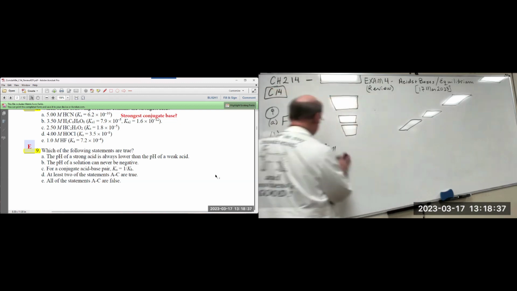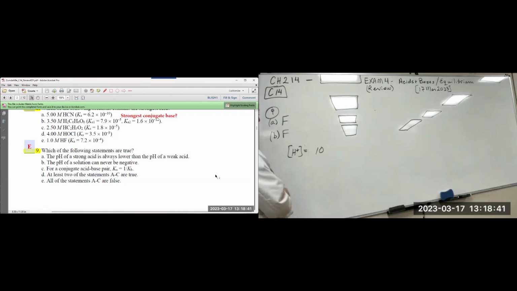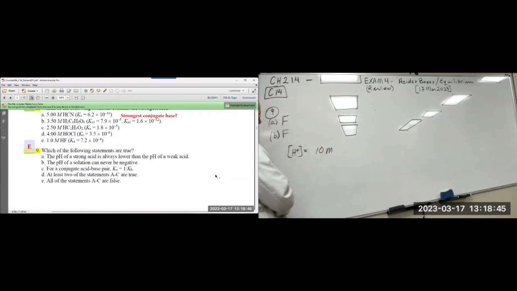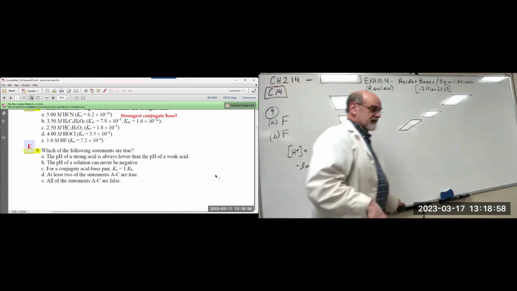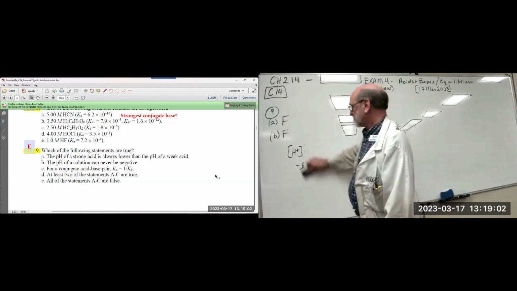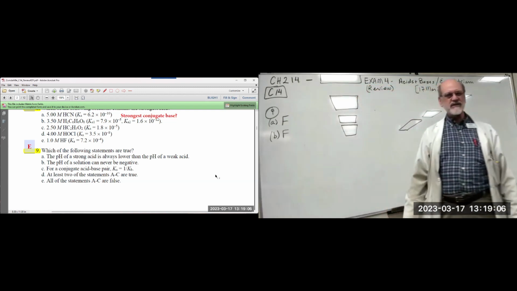How about, that's too extreme. Say 10 molar. So that'd be 10 to the first power. Negative log of 10 to the first power would be -1. There you go. Yeah. So we can calculate a concentration that would give us a negative pH. So B is false. You can have negative pH. It's just not very useful.